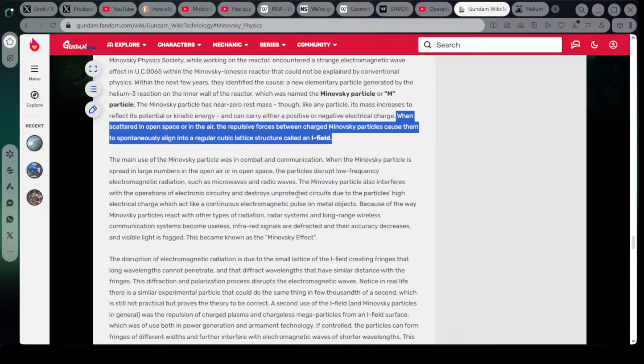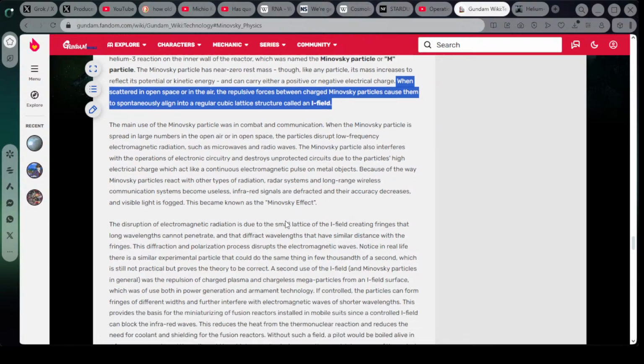The Minovsky particle also interferes with the operations of electronic circuitry and destroys unprotected circuits due to the particle's high electric charge, which act like a continuous electromagnetic pulse on metal objects. Because of the way Minovsky particles react with other types of radiation, radar systems and long-range wireless communication systems become useless, infrared signals are diffracted, and their accuracy decreases, and visible light is fogged. This became known as the Minovsky effect.